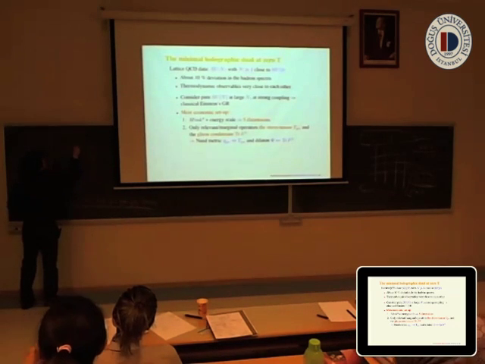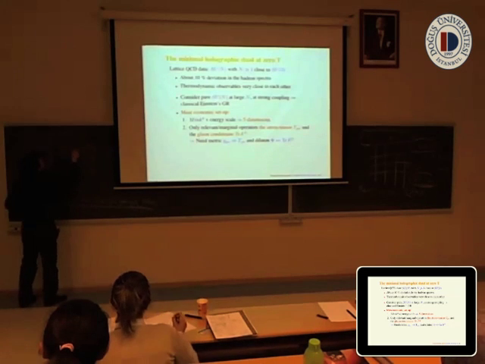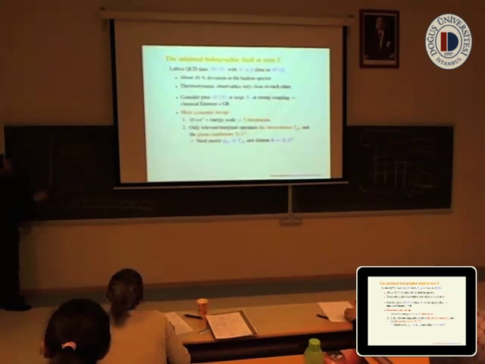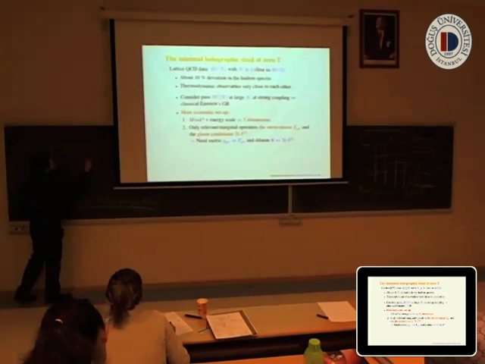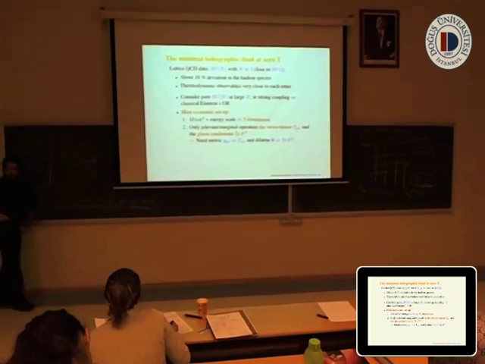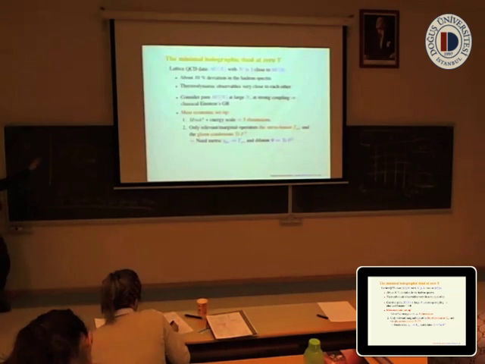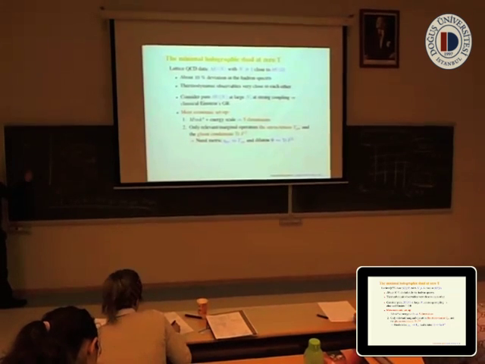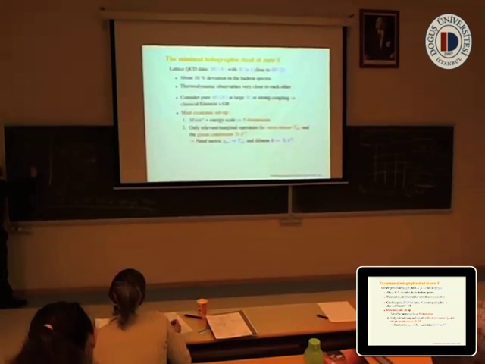If there are diagrams like this, they come with a factor of the string coupling constant g_s. So in this case you can ignore the string interactions, which is very nice. And the other fact is that the coupling constant of the quantum field theory, the CFT, becomes very large.